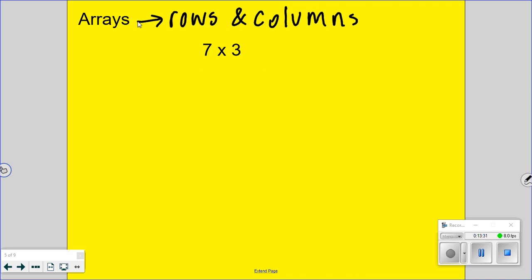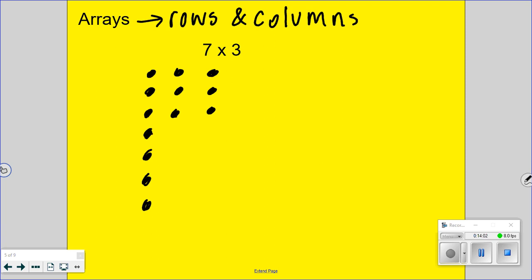Addison, go for it. 7 groups of 3. I can arrange that as here's my 1, 2, 3, 4, 5, 6, 7. I'm going to have my rows going across, and my groups of tell me that I'm going to have 3. So here's 1, 2, 3. 1, 2, 3.